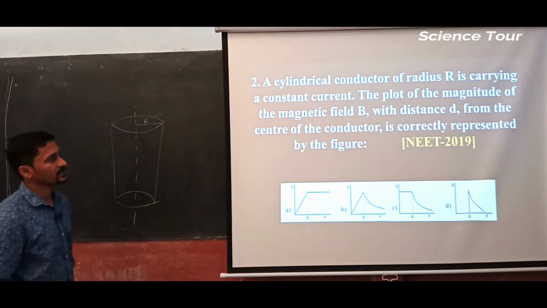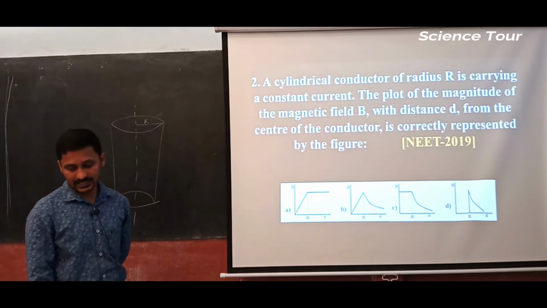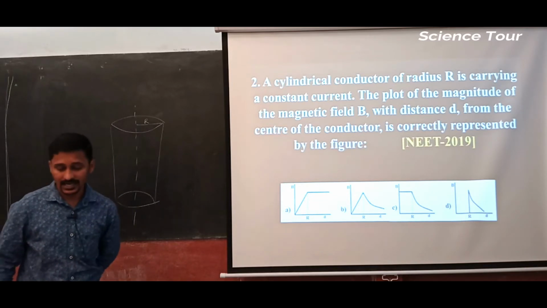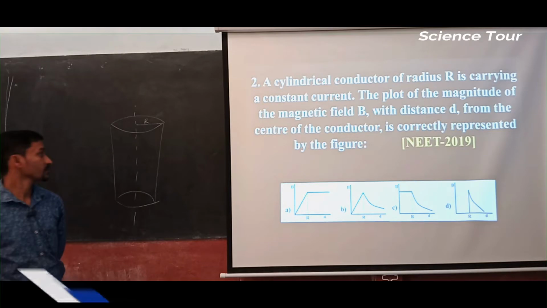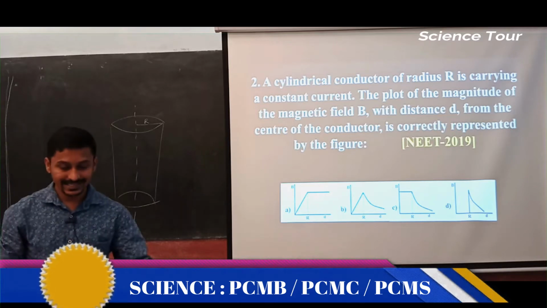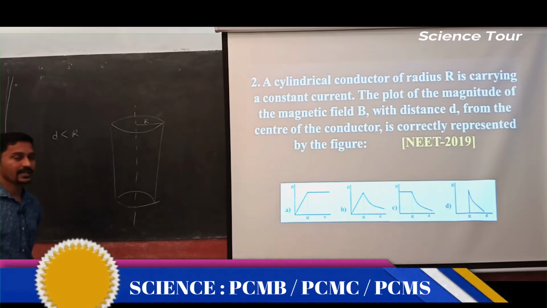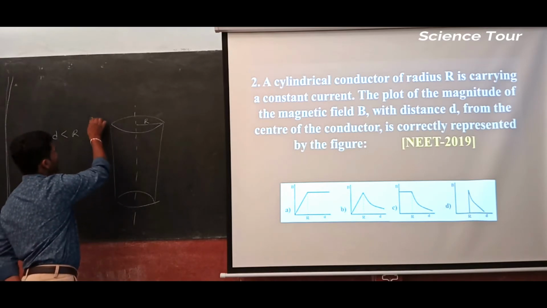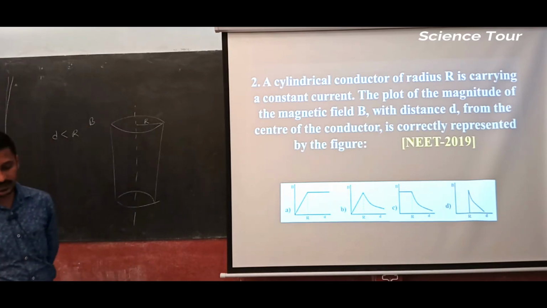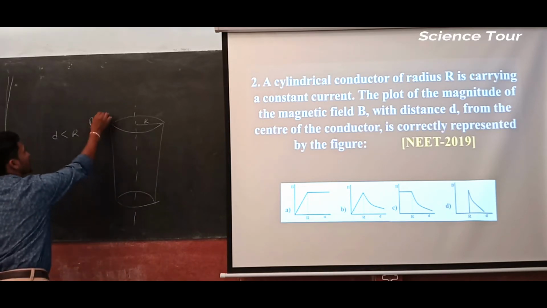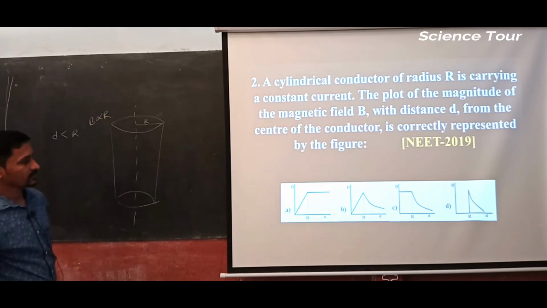Inside the surface with respect to distance, how is it, and outside the surface with respect to distance, how is it? We know that for distance less than R, that is inside the conductor, the magnetic field is directly proportional to the distance, which is increasing.